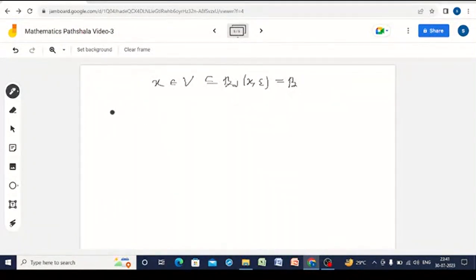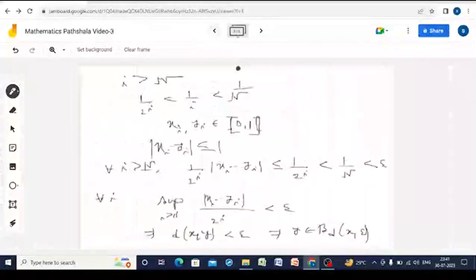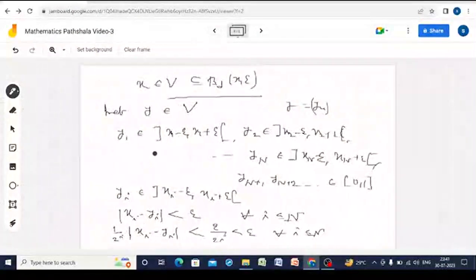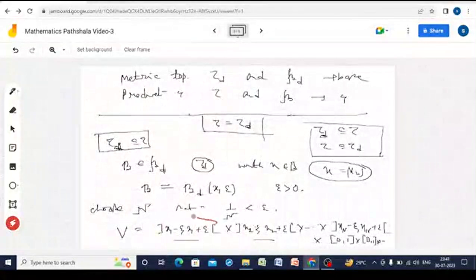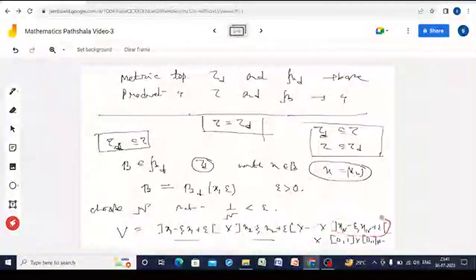And see also the structure of our V: the first coordinate is an open set in the closed interval [0,1] as the subspace topology, the second one is an open set in the closed interval [0,1] as the subspace topology, and this is also an open set in [0,1] as the subspace topology, and the rest are the whole sets.